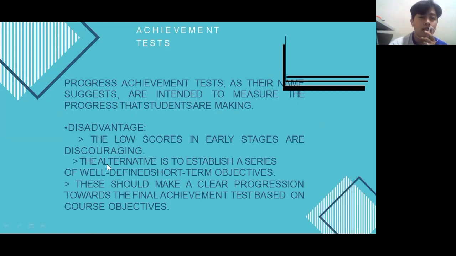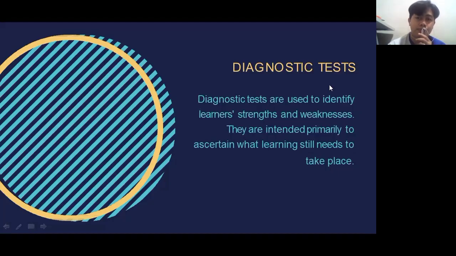Second, the alternative is to establish a series of well-defined short-term objectives. Third, this should make a clear progression towards the final achievement test based on the course objectives.